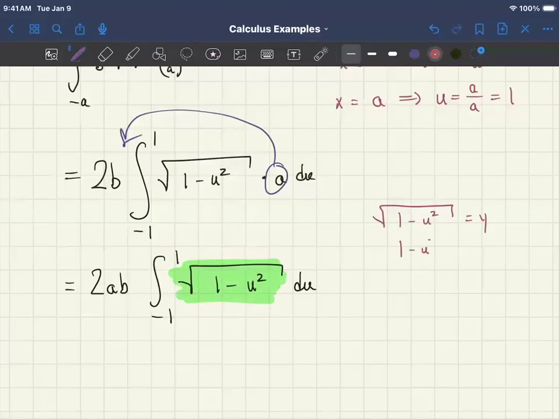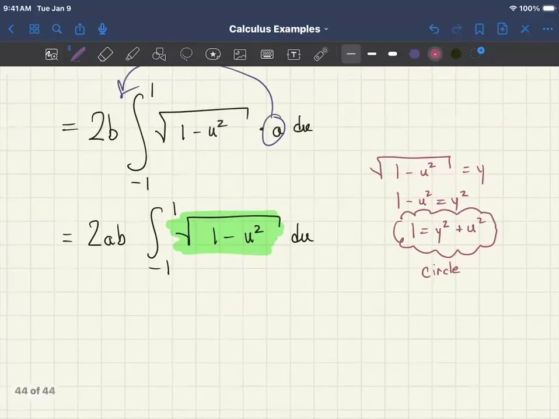Let's square both sides so we get rid of the square root, and let's add our u squared to both sides. This equation should look familiar. Whenever you have 1 is equal to some number squared plus some number squared, that is a circle. And whenever we have a circle, we actually don't need to use calculus to find the area. We know the area of a circle. And in particular, this is going to be the top half of a circle.